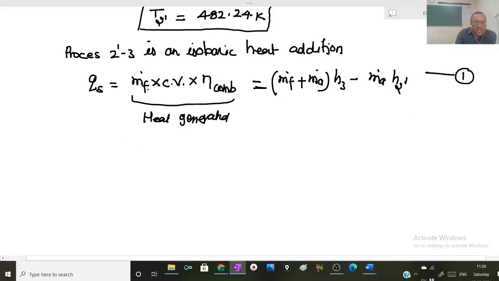Now if I consider only these two equations, I divide both sides by the mass flow rate of fuel.